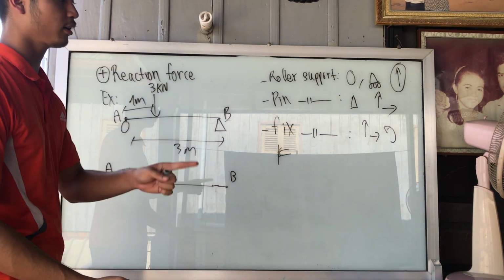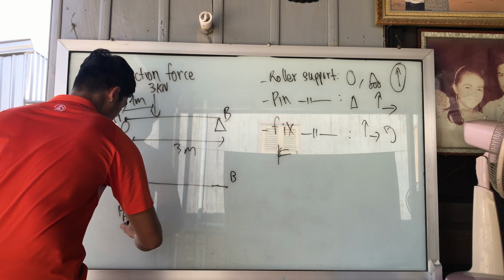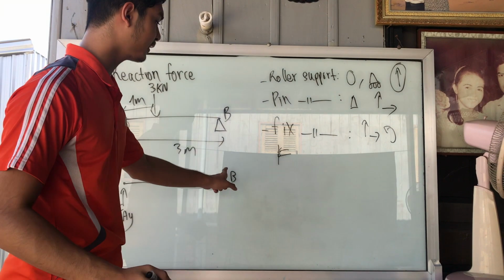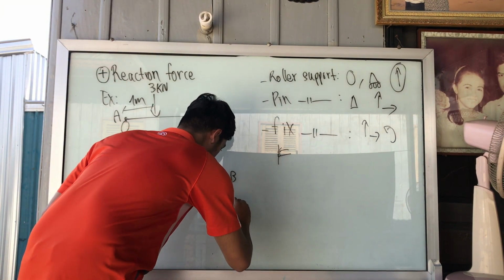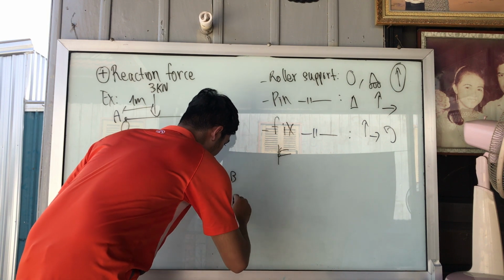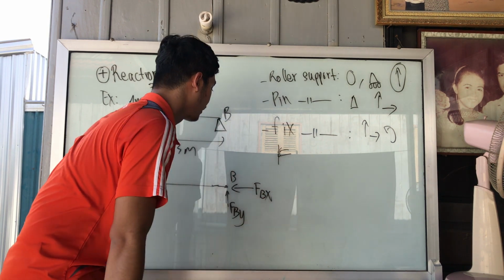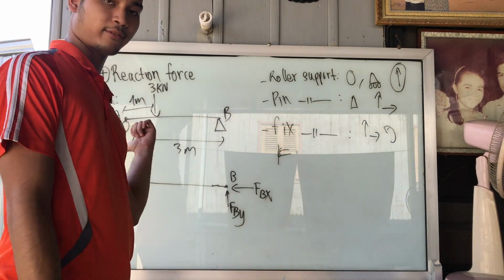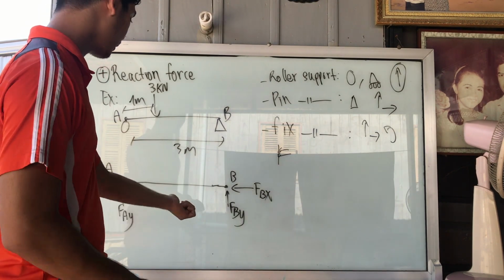This roller has only one vertical force. And this pin has two forces, FBY and FBH. I assume this FBH is in the left hand direction.